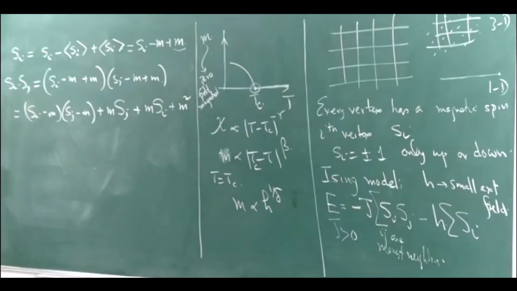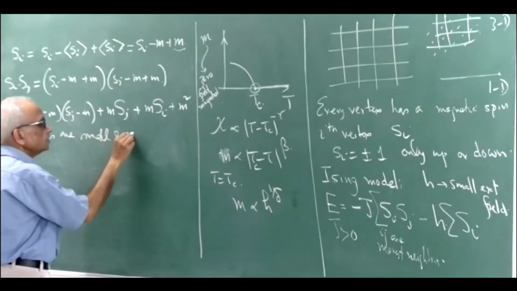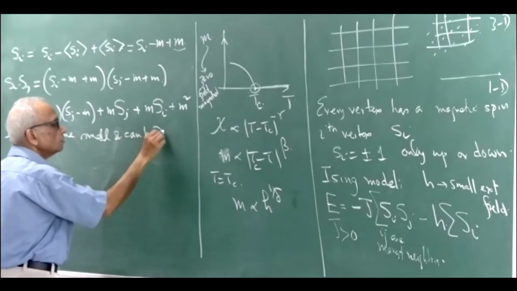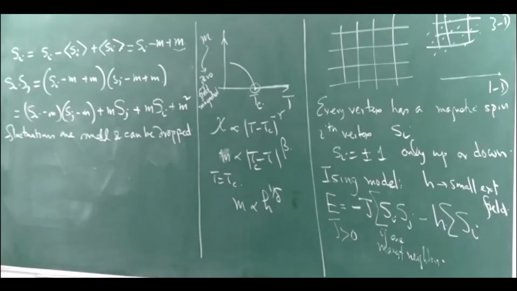So up to now, I have done nothing. And now I do something, and that something is, I claim that fluctuations are small and can be dropped.